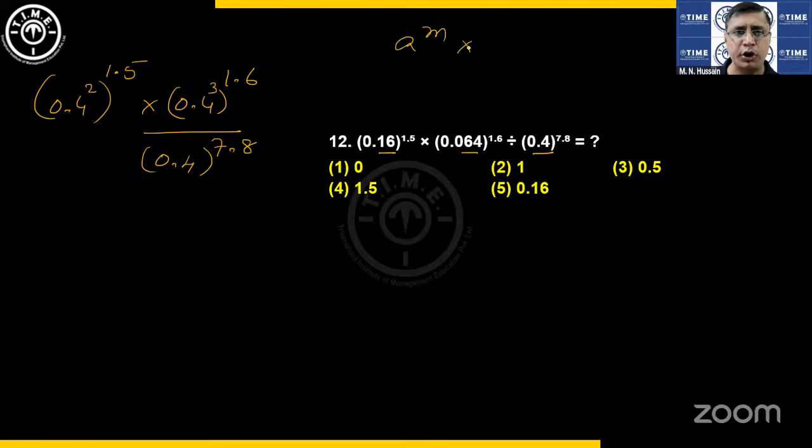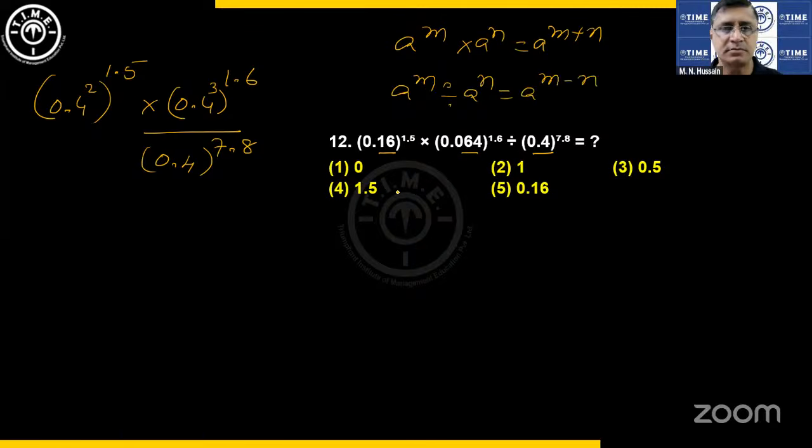A power m into a power n is equal to a power m plus n. A power m divided by a power n is equal to a power m minus n. Applying these laws of indices. Now 2 into 1.5, that is 3.0, means 0.4 power 3. 3 times 1.6, that is 4.8.